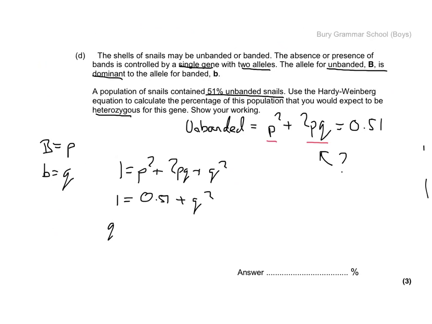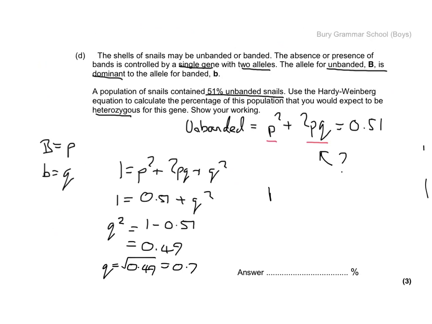We rearrange it a little bit, that means that q squared is equal to 1 minus 0.51, which means that q squared is equal to 0.49. So if I square root 0.49, that tells me q is going to be equal to 0.7.